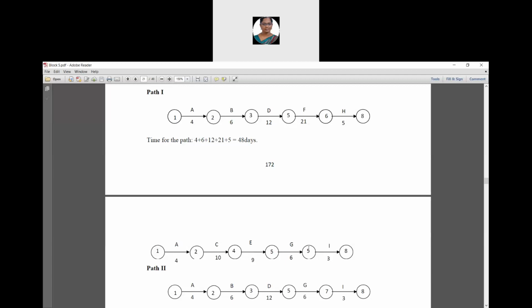And 5 to 6 has an activity G and its corresponding time duration is 6, and 6 to 8 has an activity I and its corresponding time duration is 3.